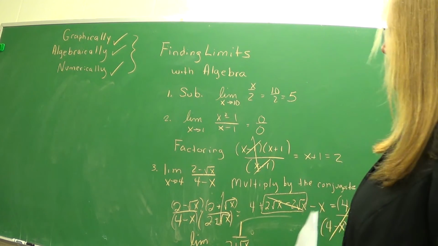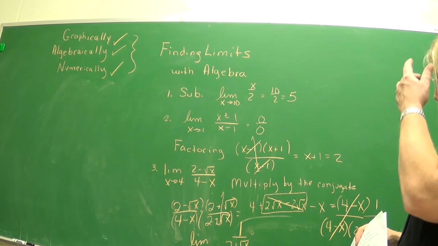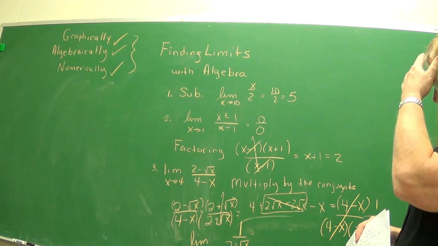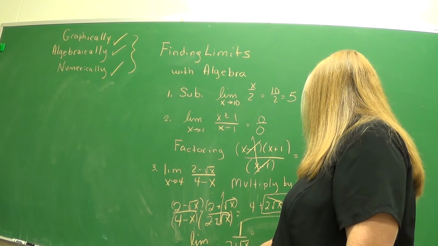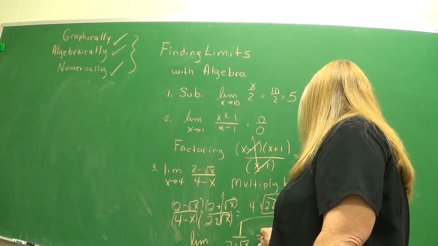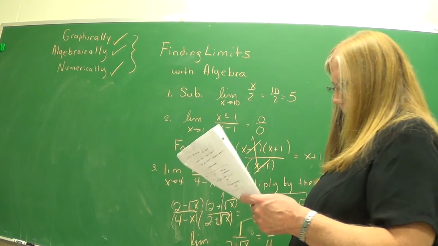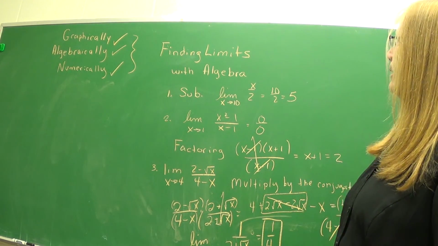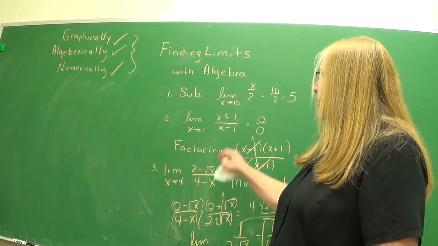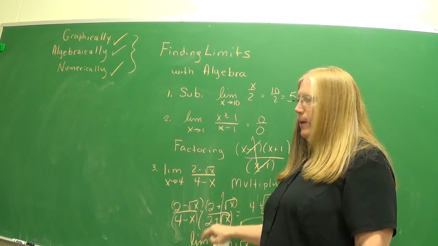Hopefully, by multiplying through by the conjugate and canceling like factors, we will have an answer that works. 1 over 2 plus the square root of 4 is 2 plus 2, which is 4, so I get 1/4.